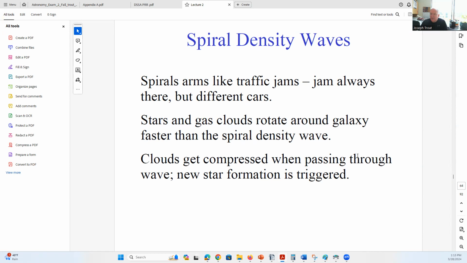So we said these spiral galaxies form because the spiral arms are like traffic jams. The jams are always there, but the cars move through them. And we think that the stars do the same thing in the arms of these spiral galaxies.